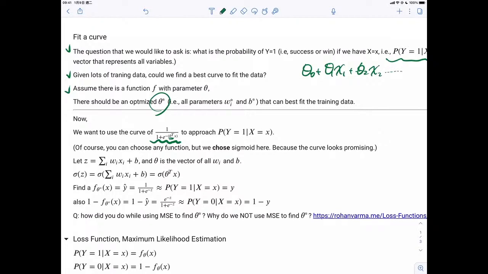However, when we do the calculation, usually we use a matrix. So usually we write it this way: x1, x2, x3, x4 to xn, all your features. You put these features right here, and that is called x.